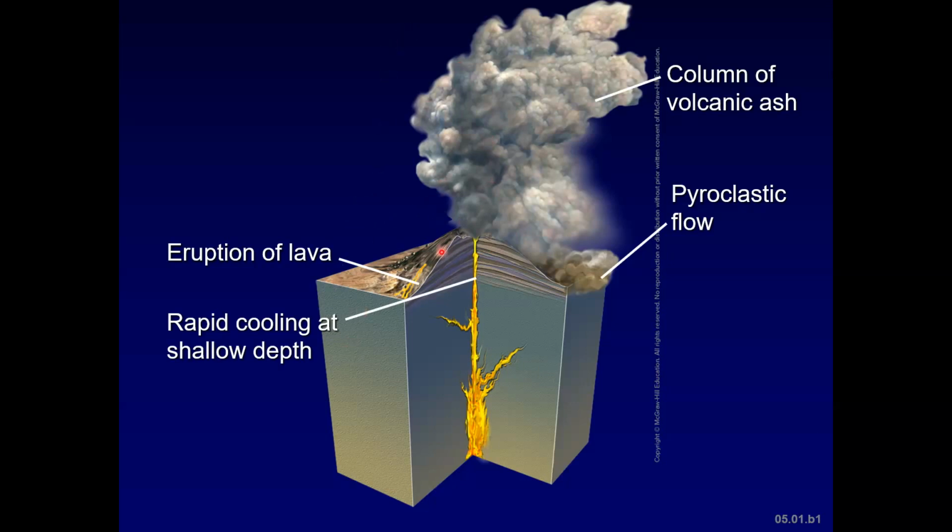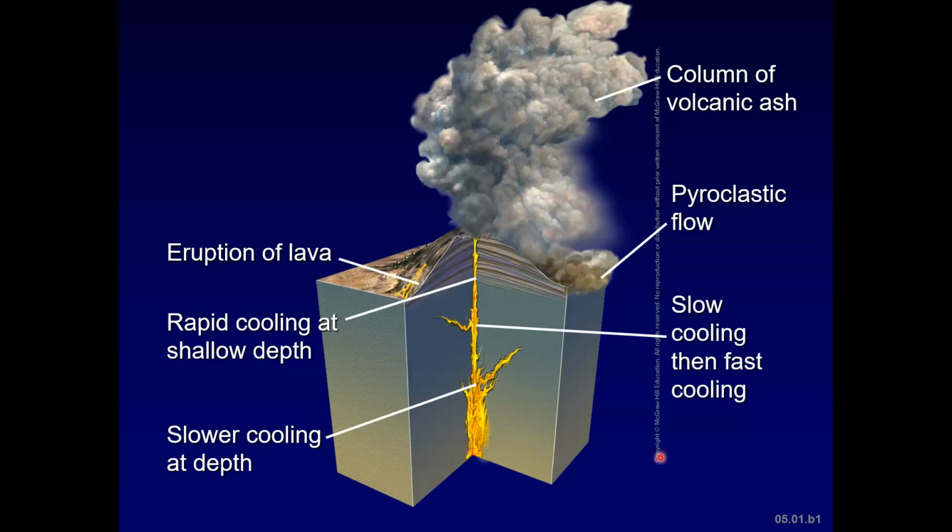Rapid cooling can form a lot of different things, but volcanic glass is one of them. Slower cooling further down would result in a coarse-grained igneous rock, so with large crystals. If you have slow cooling followed by fast cooling of material, you can get porphyritic texture.